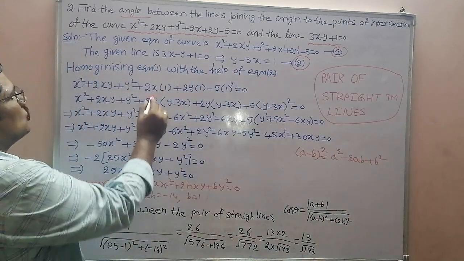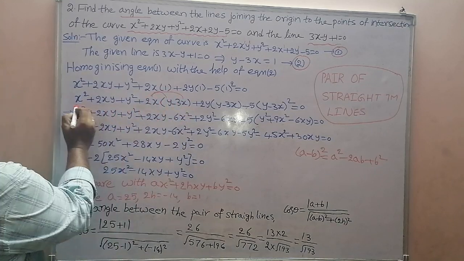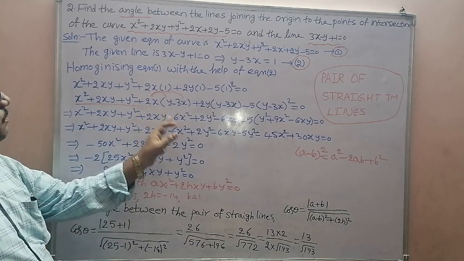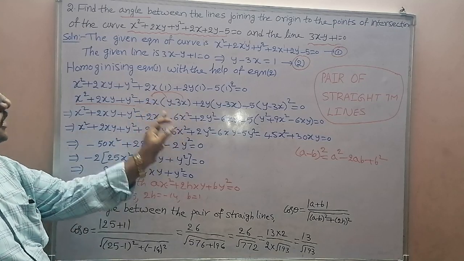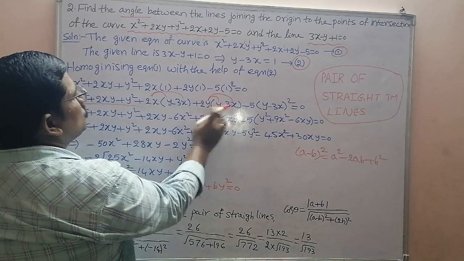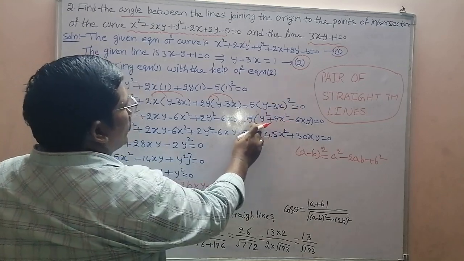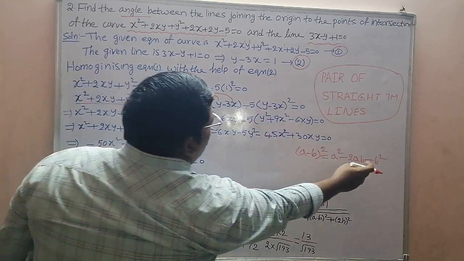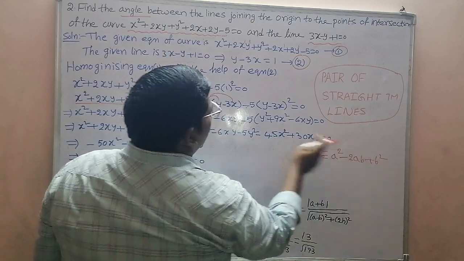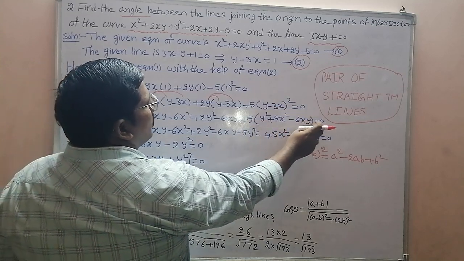So x square plus 2xy plus y square is unchanged. 2x into y is 2xy, 2x into 3x is 6x square. 2y into y is 2y square, 2y into 3x is 6xy. And minus 5 into y minus 3x whole square, that means y square minus 6xy plus 9x square, equal to 0.